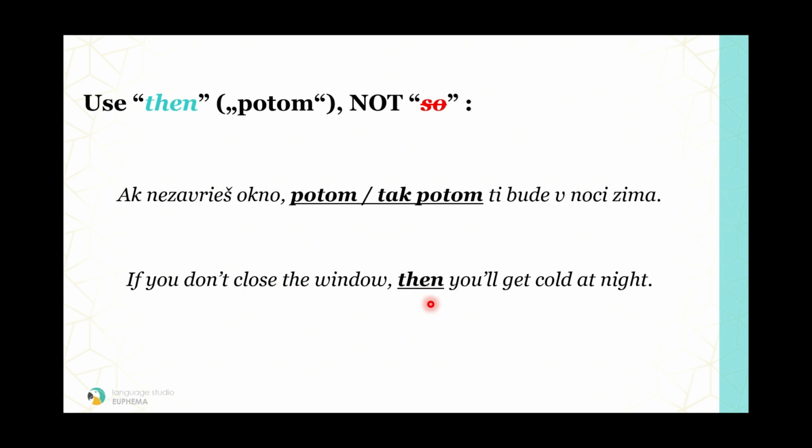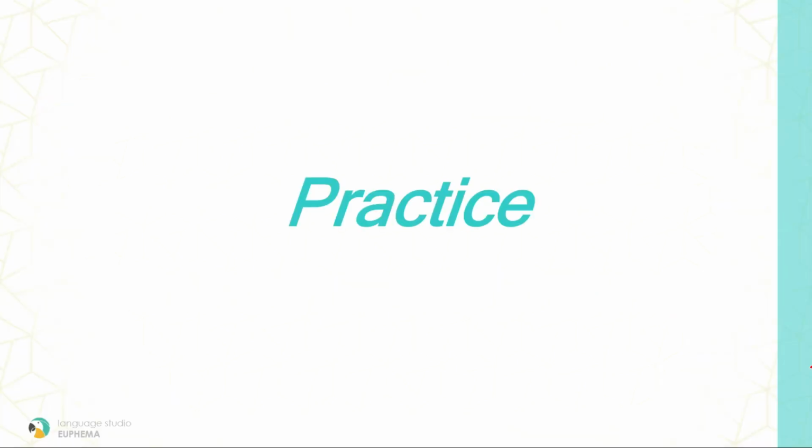However, as I said before, English is very economical, so the fewer words, the better. Let's just say it totally simply: if you don't close the window, you'll get cold at night. No gimmicks. And here comes the second part of the video, which is practice. It is designed for the Slovak learners who will translate the first conditional clauses from Slovak into English. But if you're not Slovak, you can just go ahead and skip straight to the conversation part.